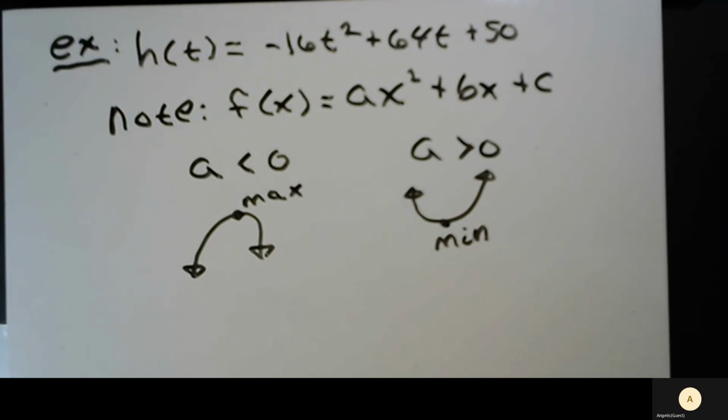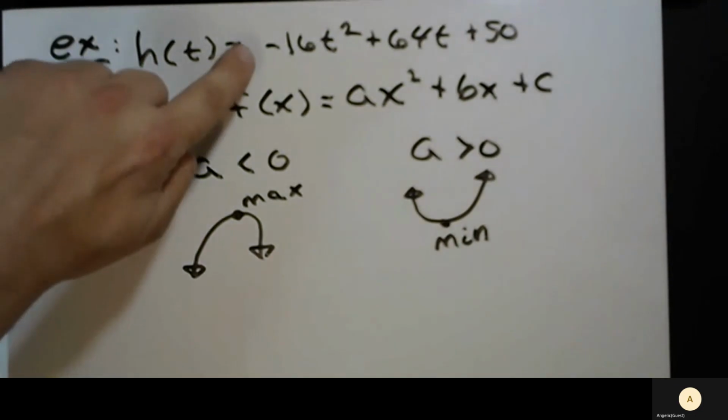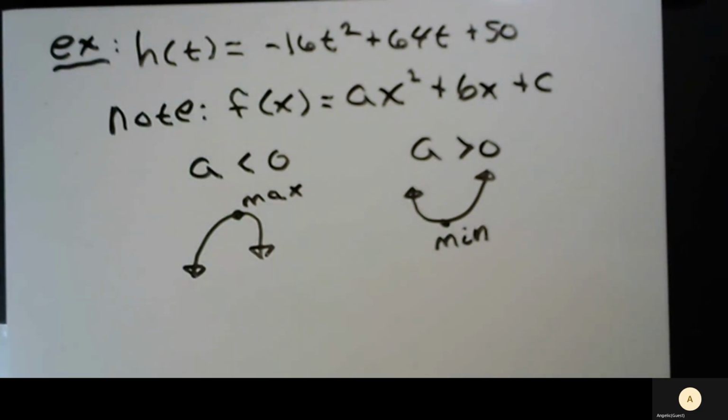So now they told us we're looking for a max, but to verify that mathematically, or just to see maybe another clue, a is negative 16. So a is less than 0.